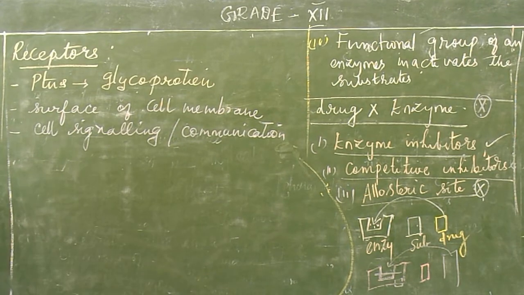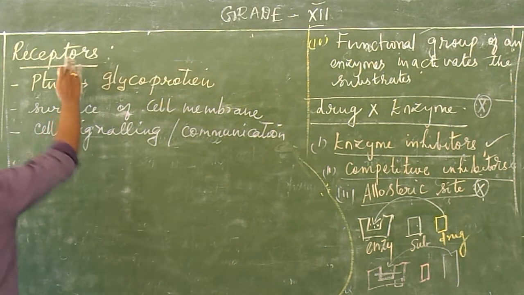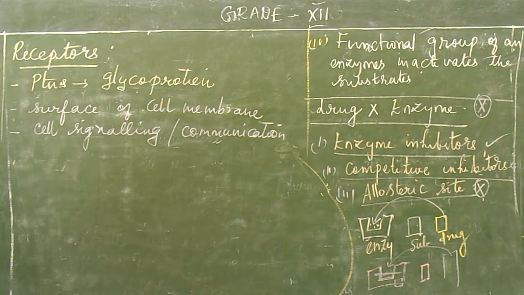The main function of the receptor is cell signaling, otherwise called cell communication. So what are receptors? Receptors are made up of proteins. What type of protein? Glycoprotein. Where are these receptors present? On the surface of the cell membrane, the plasma membrane. The main function is that they help in cell signaling and communication. In the cell communication process, the receptors play a very significant role.